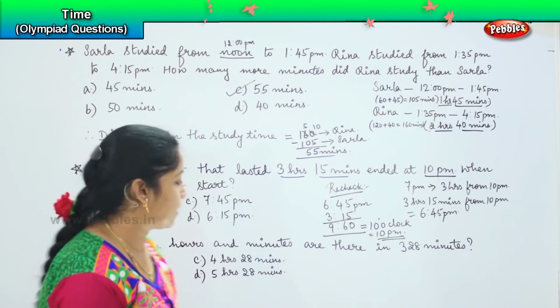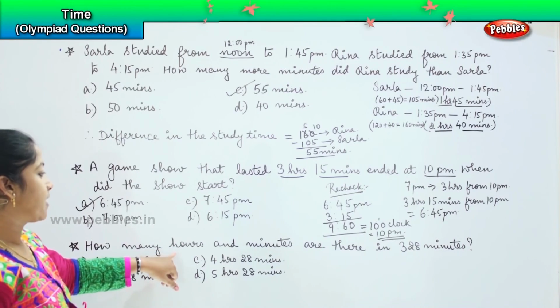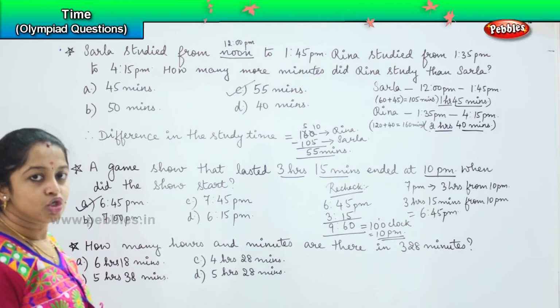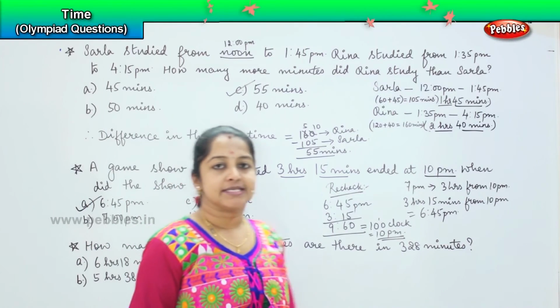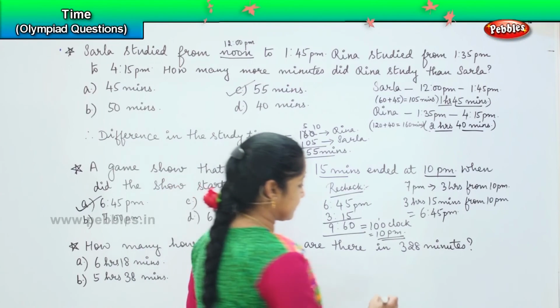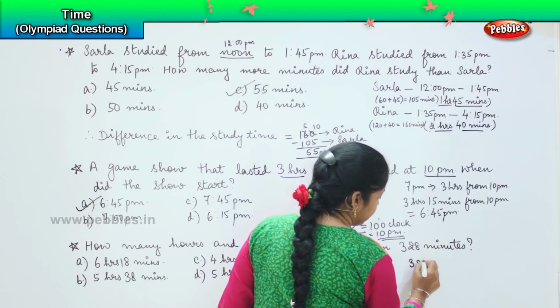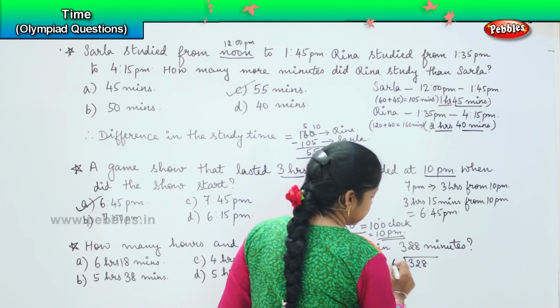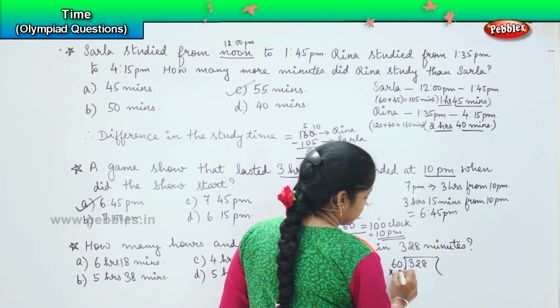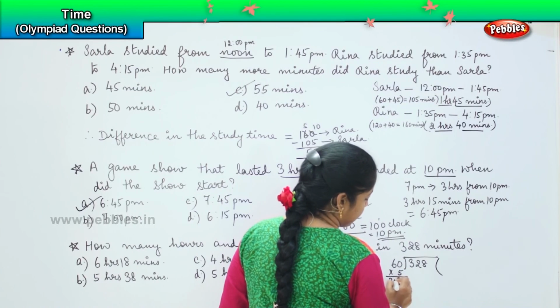So it's a very simple question, right? Here they are just asking us to split 328 minutes into how many hours and minutes. So we all know that 1 hour is equal to 60 minutes. So we will be dividing 328 by 60. So 60 into 5 is how much, children? 300. Okay.